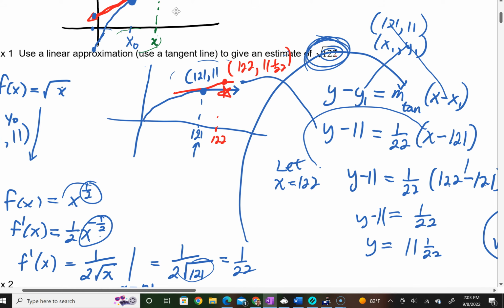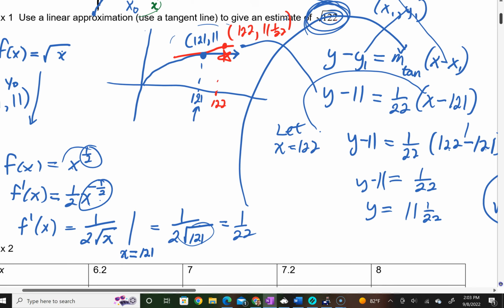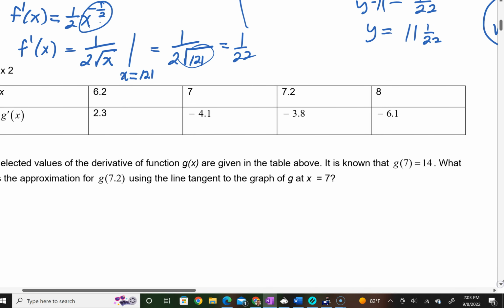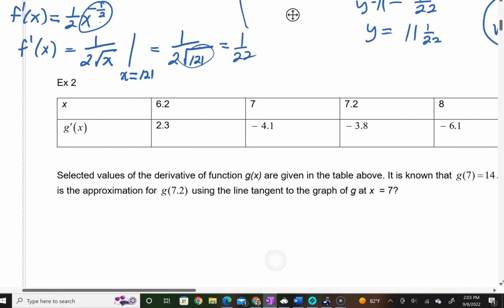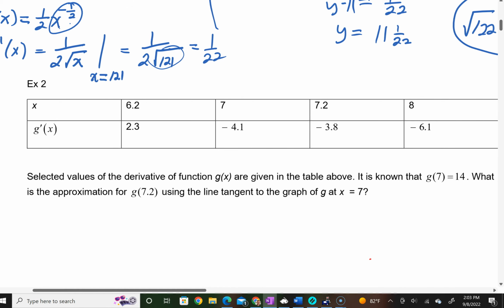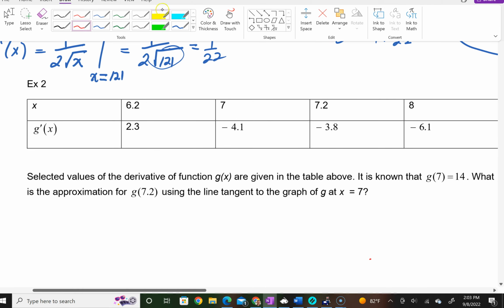I want to show you that the next problem that we have in the notes is tabular. It's a table problem. And I do want to point out something to you. When you're looking at this table, you're going to see that the table is actually all data given for the derivative.